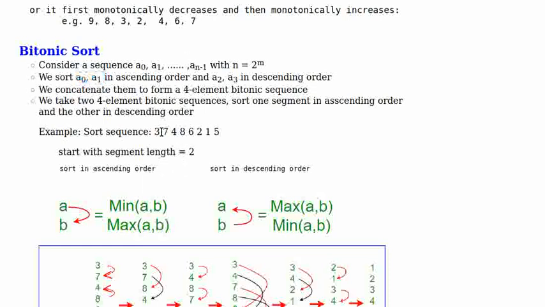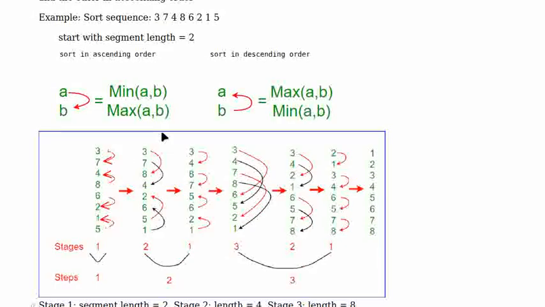Now we use this symbol to denote sorting in ascending order. If you have two elements A, B, we sort them, then the minimum element will be on top and the maximum will be at the bottom.